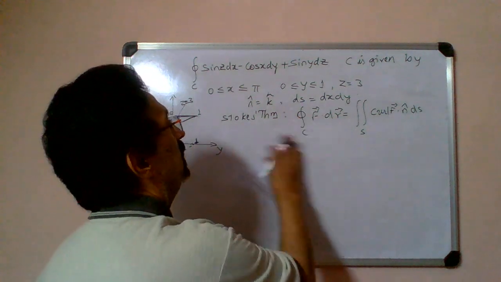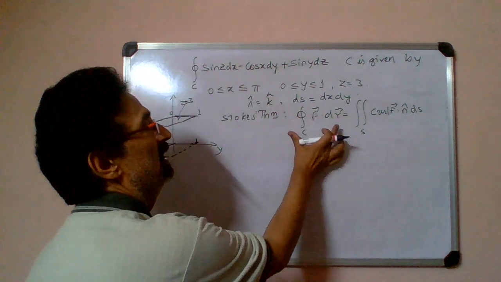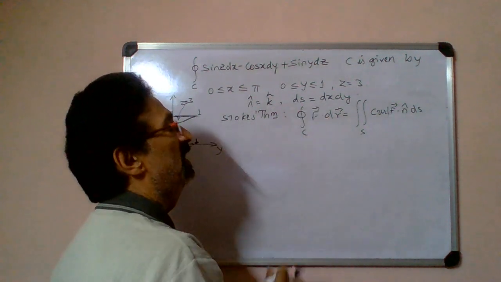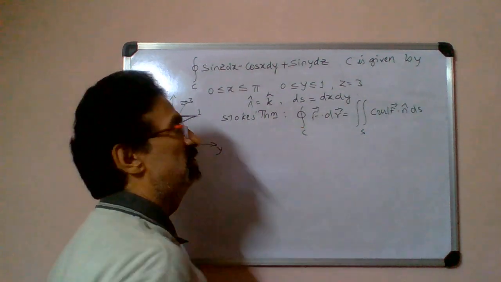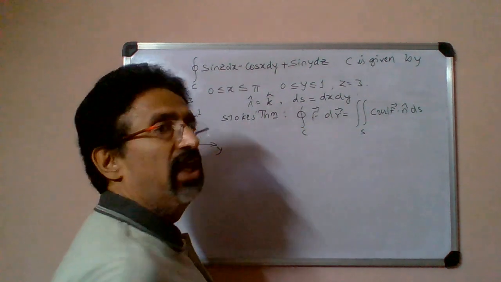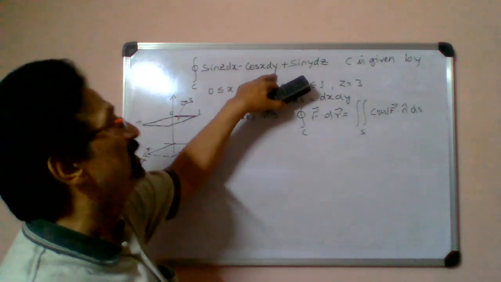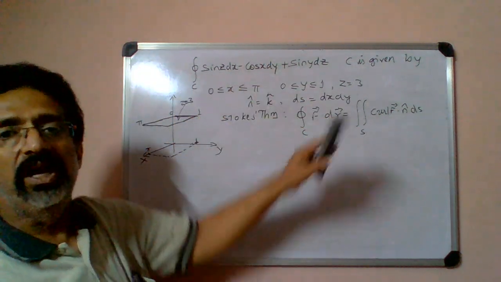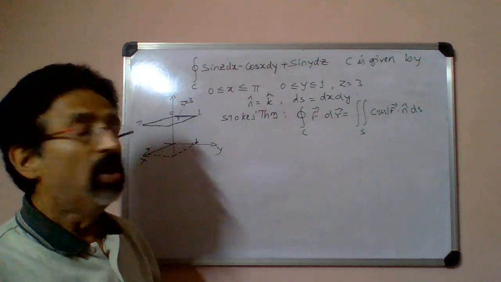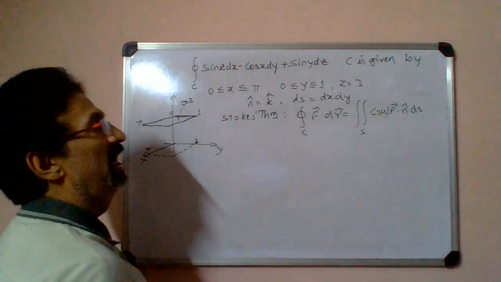So now if I look at Stokes theorem, the left hand integral says closed integral over closed curve C f bar dot dr bar. But the integral which I was asked to evaluate is not in my required form. So how to bring this to the standard form?